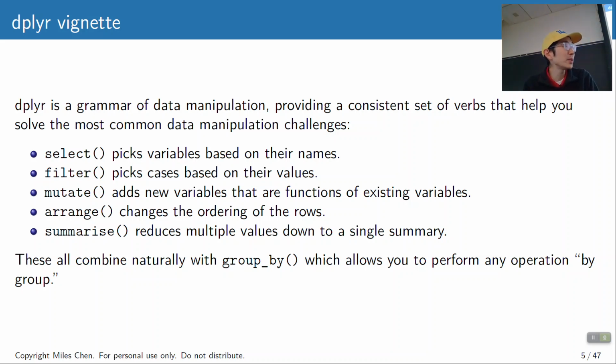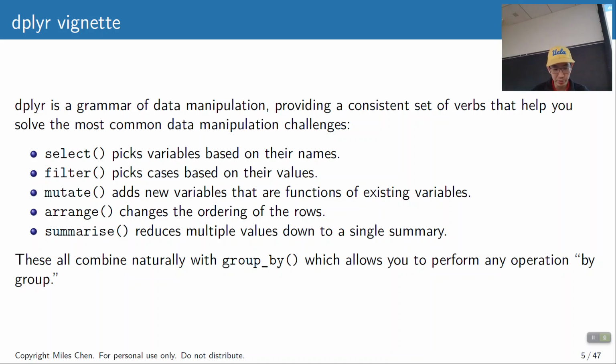Basically, you have select. Select will pick columns. Filter will pick rows. So we use select to pick columns or variables based on their names. Filter we use to pick rows or cases based on their values. We have other functions. Mutate will create new variables.